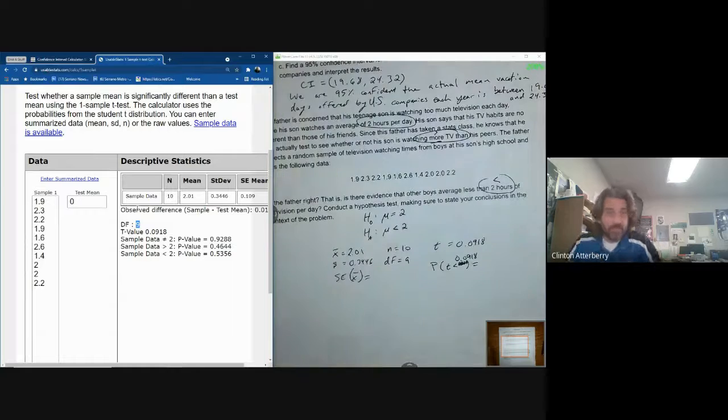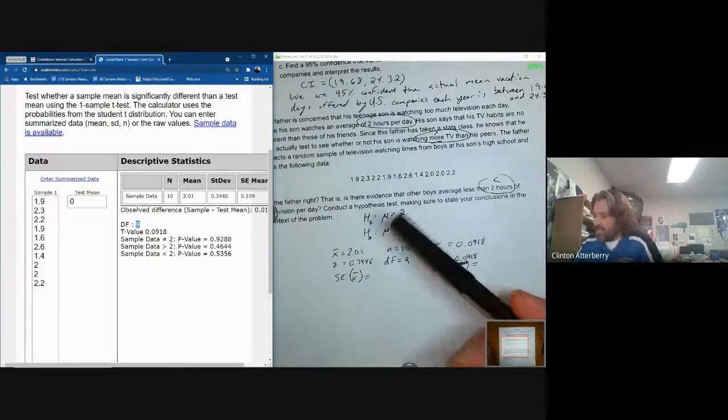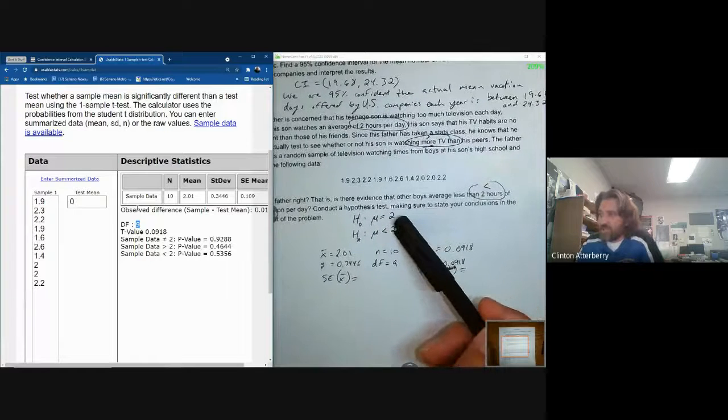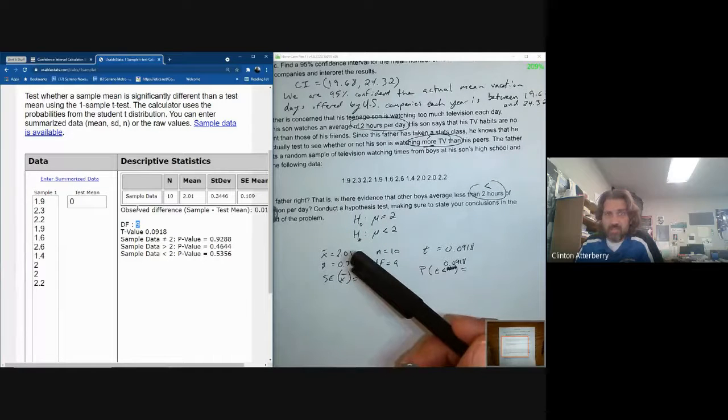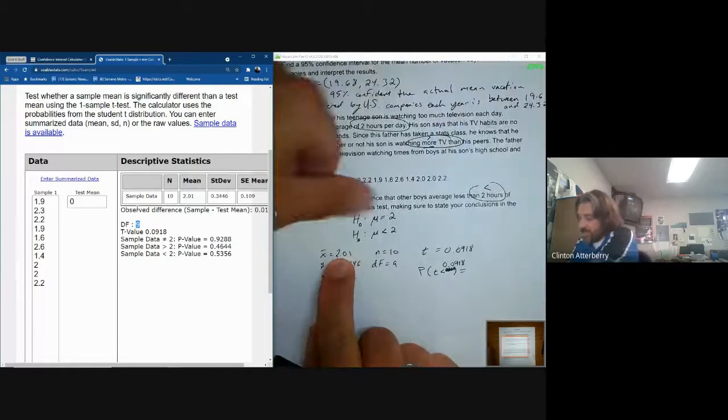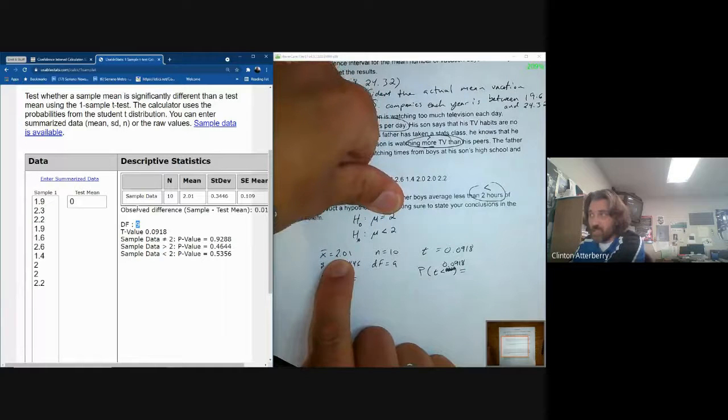So remember, numbers close to 0 for t-values, your t-score, your z-score, are close to the average. It kind of makes sense, right? If we think the average is 2, and we calculated it and the average was pretty much 2, our t-score should be close to 0, because what we thought it was going to be, 2, was what we got when we calculated it.